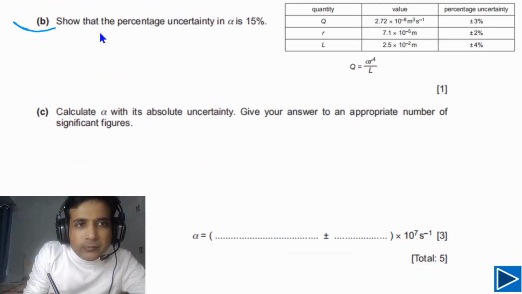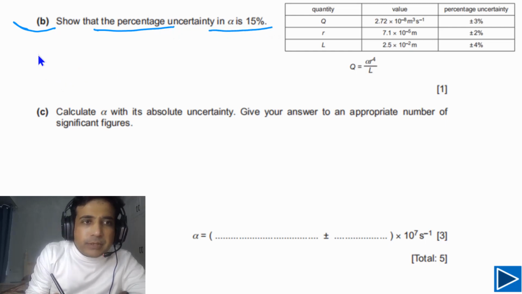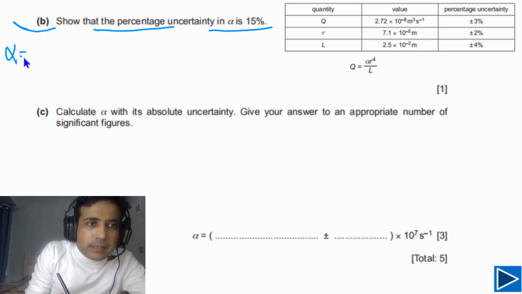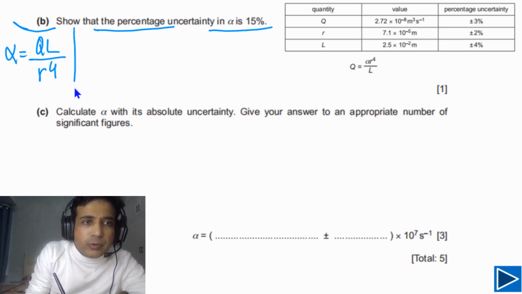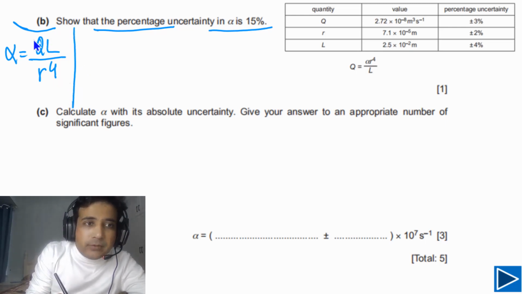For part B, we need to show that the percentage uncertainty in alpha is 15%. But alpha in this case is equal to QL divided by r to the power of 4. So we need to calculate the percentage uncertainty in alpha, and these quantities are multiplied and divided. So simply we need to add percentage uncertainties.